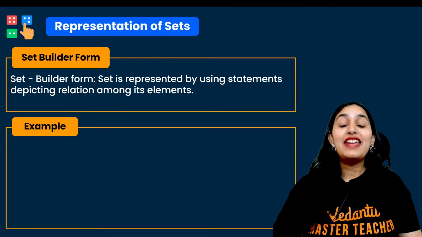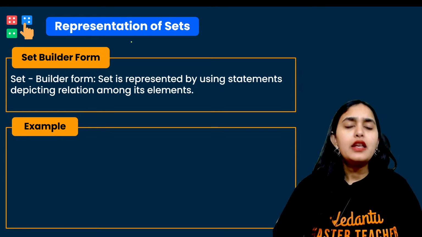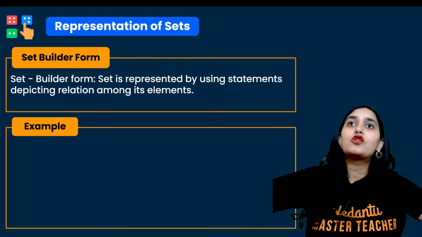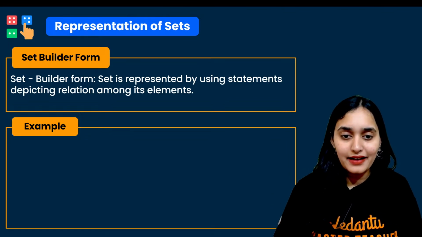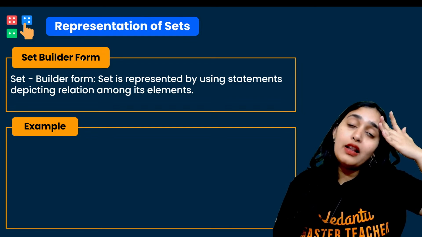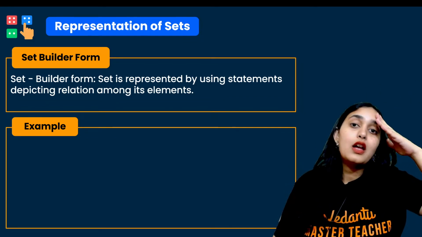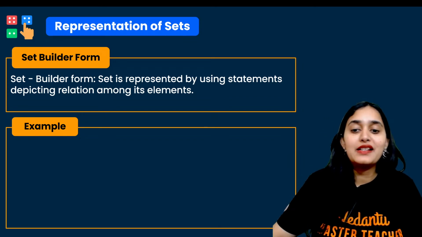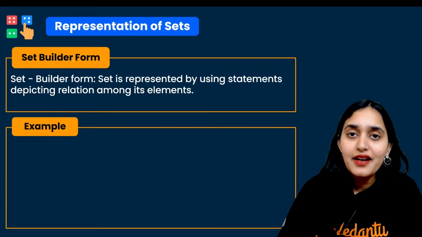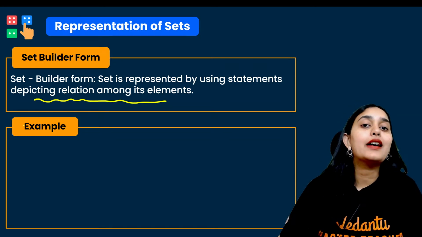Next is representation of a set in set builder form. Now imagine that you have lots of elements inside a set. The set is very, very big. So will you denote all the elements 3, 4, 5, 6, 7, 8, 9, 10, 11, 12 and go on and on? How can you write so many elements? So when you have many elements, it is better to just depict the relation among the elements.